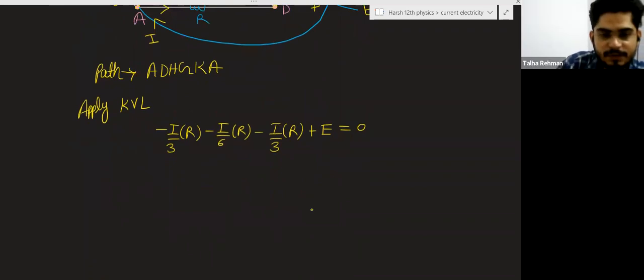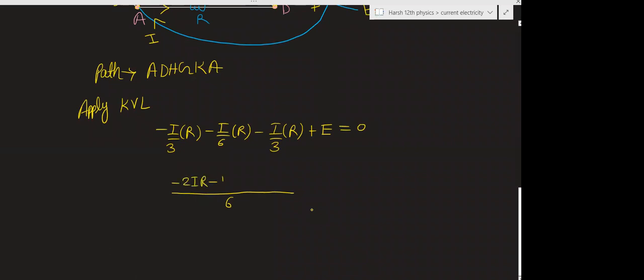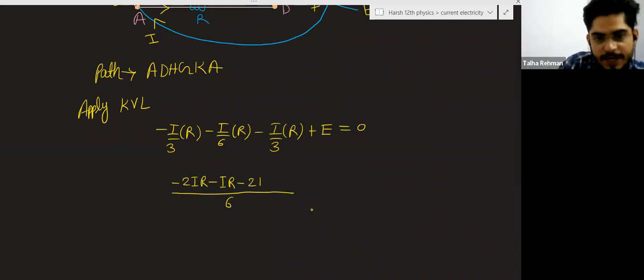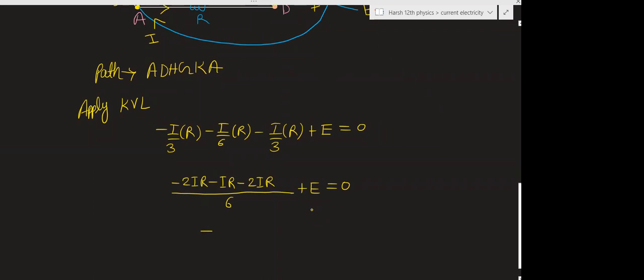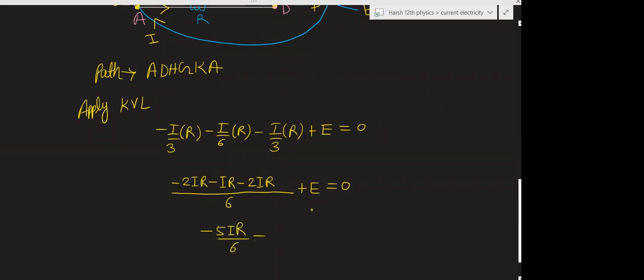Now, can you calculate this? If you take the LCM 6, here you will get minus 2IR, here minus IR, here again minus 2IR, and plus E is equal to 0. This will become minus 5IR by 6 plus E equals 0.